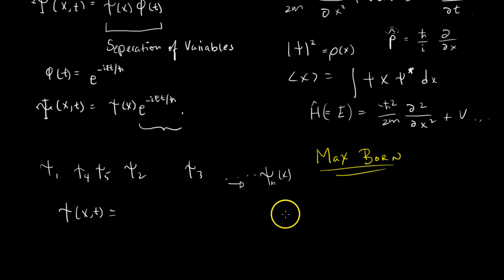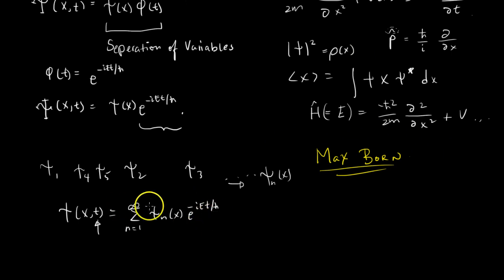A superposition means we're summing them all up from n equals 1 to infinity, encompassing every single stationary state, and then since there's a time dependence to the general wave function, we add the time dependence that we had previously.